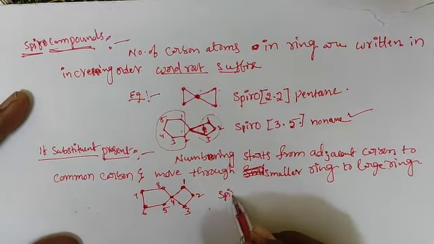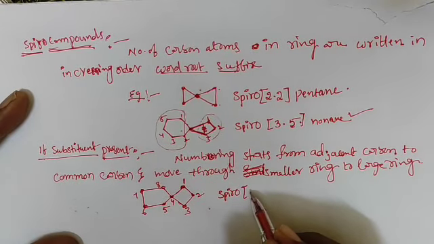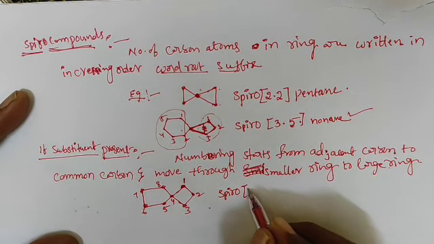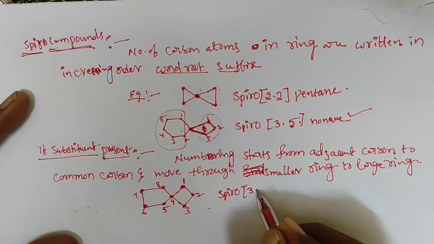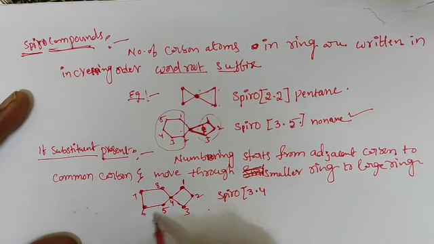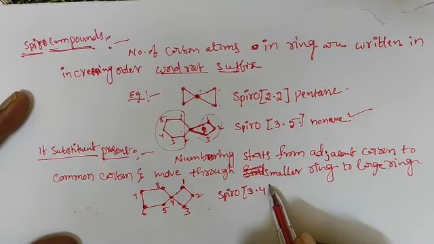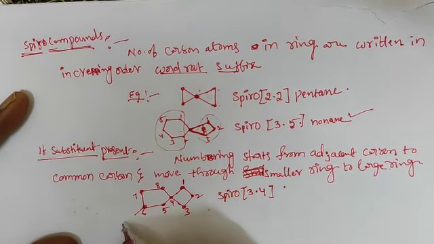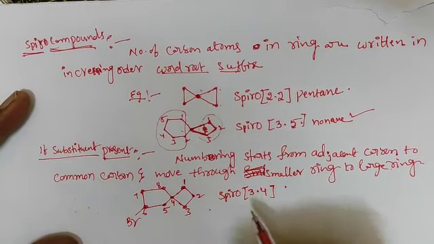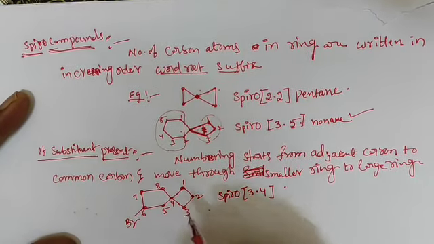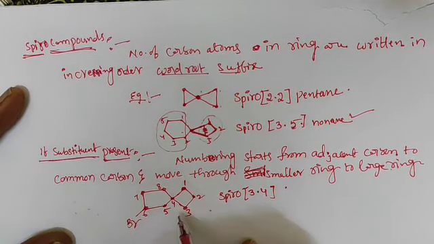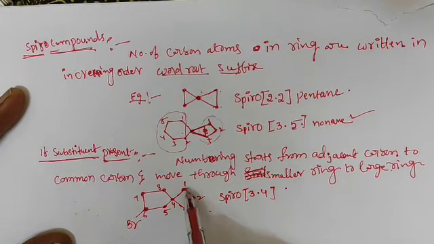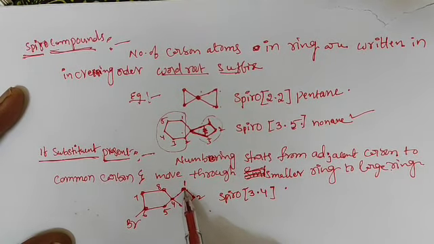Name is Spiro. We will give here smaller to bigger. So 3.4. Here 4 carbons. Here this side 3 to 4. Here one bromine is there, in 6th carbon bromine. So this side only we will go, like if substituent is present, numbering starts from the adjacent carbon to common carbon, through the smaller ring.